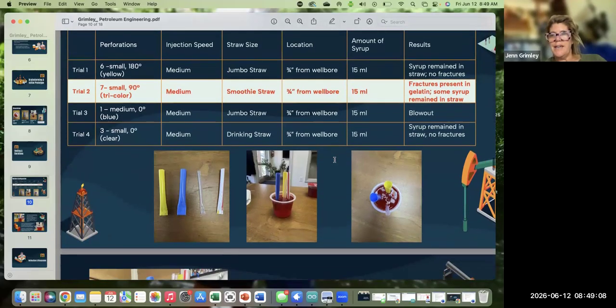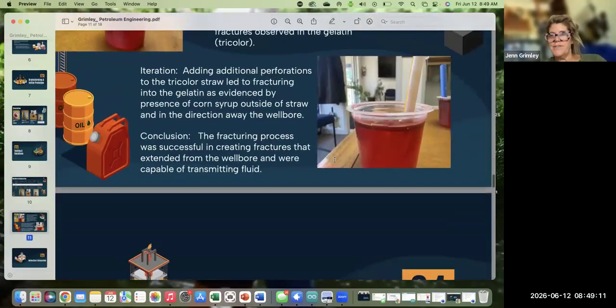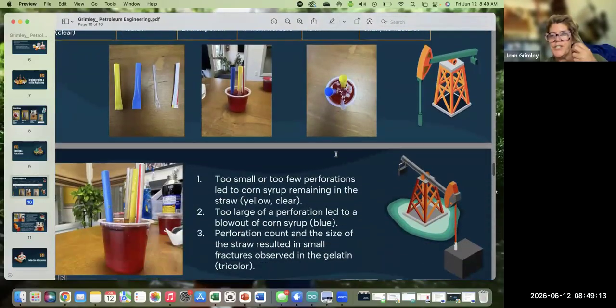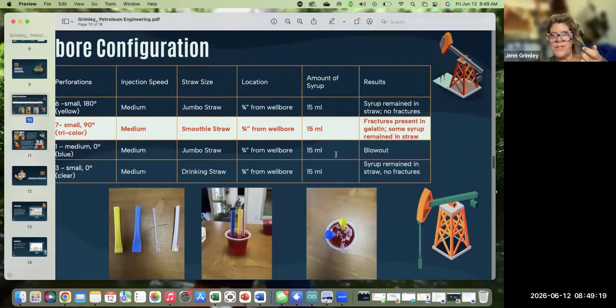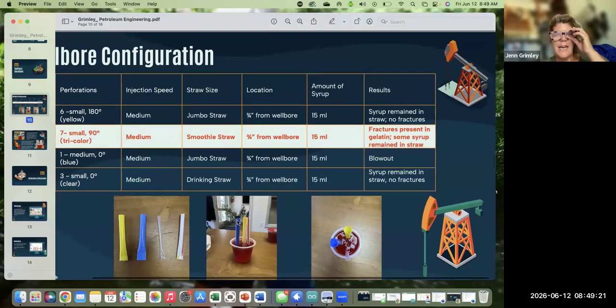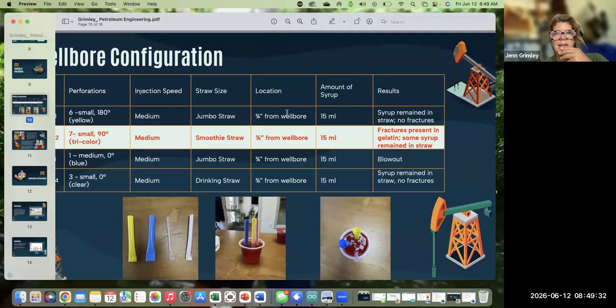You used a syringe to inject into this, and I kept this constant. The amount of syrup that I pulled up, it was dark corn syrup, which was thicker, I kept that constant. I kept my location from the well bore to the hydrocarbons constant, and you can see I kept the injection speed constant.